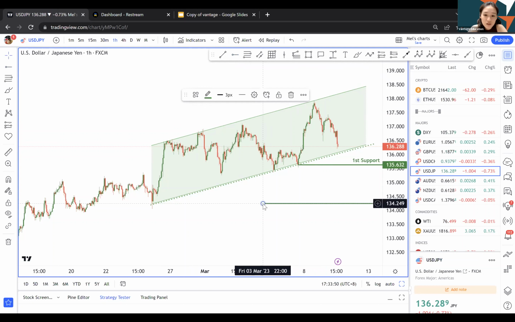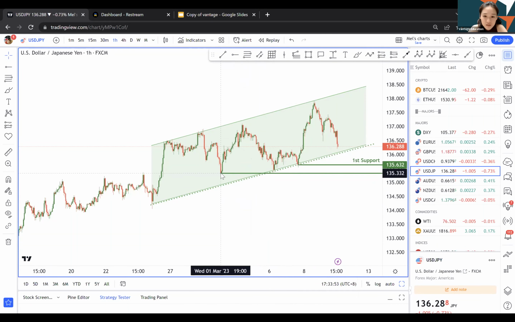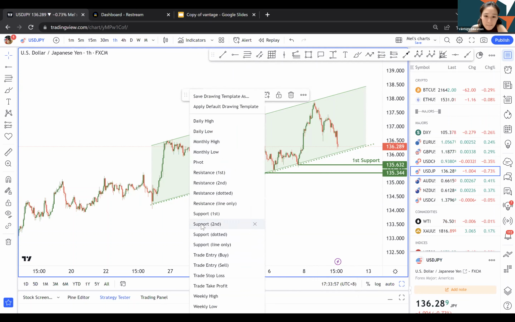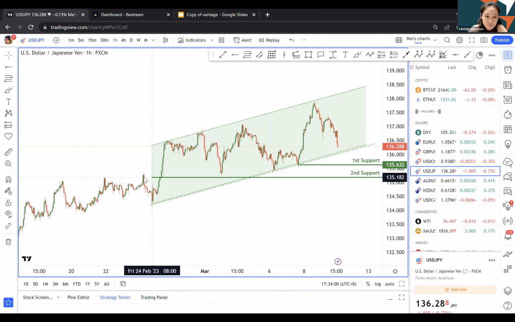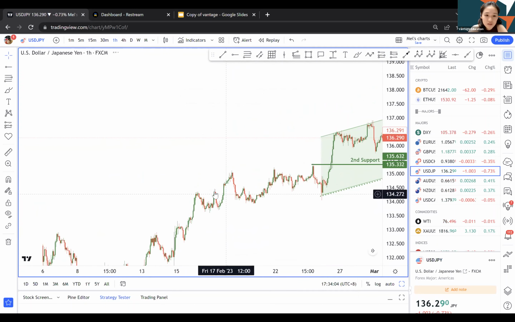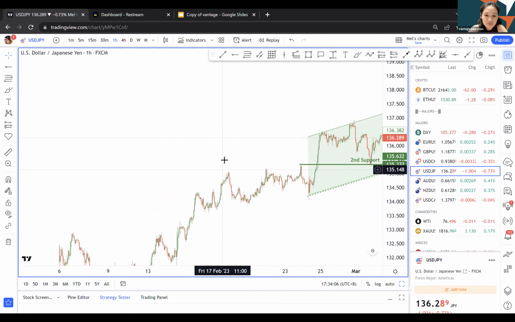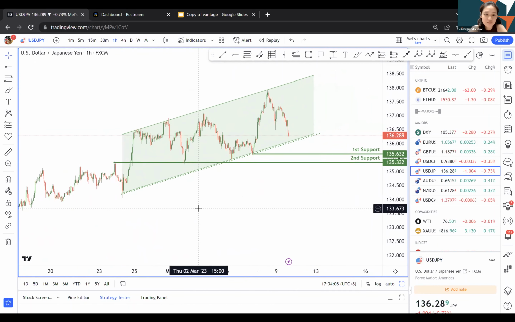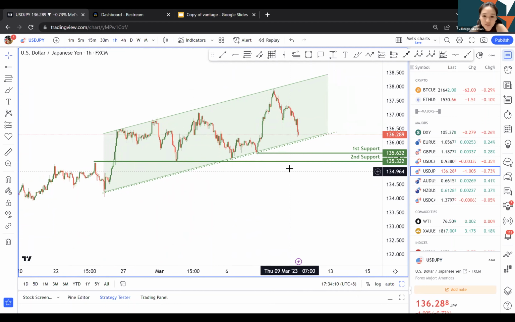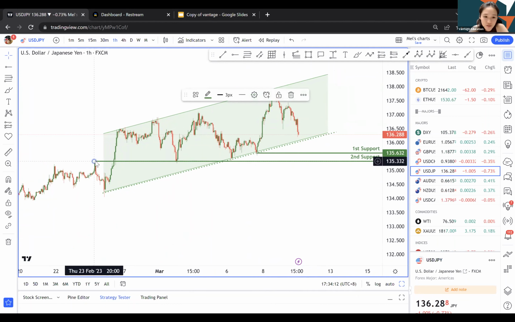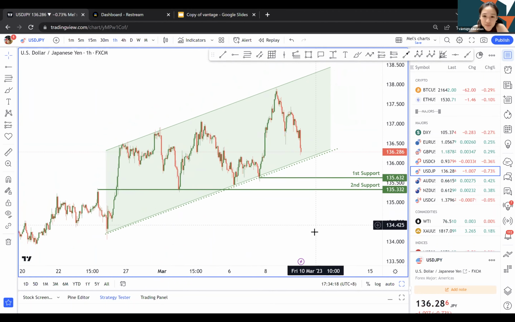Okay, for our second support, here. Once again, we see for our second support, we have an overlap support here with a swing high and multiple swing lows.